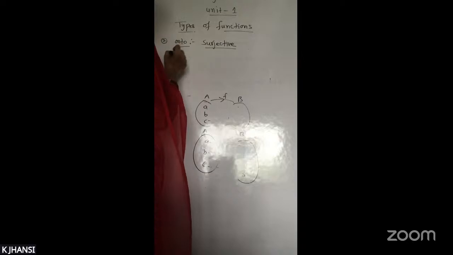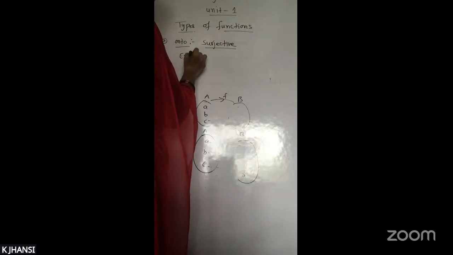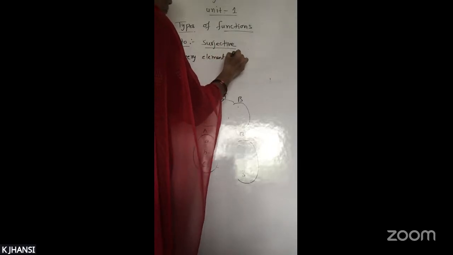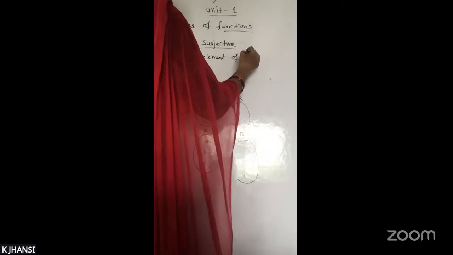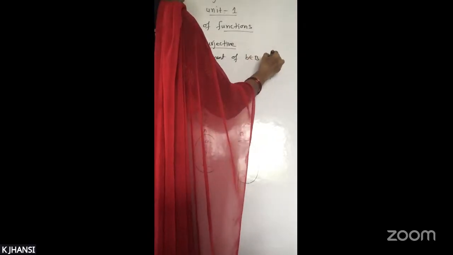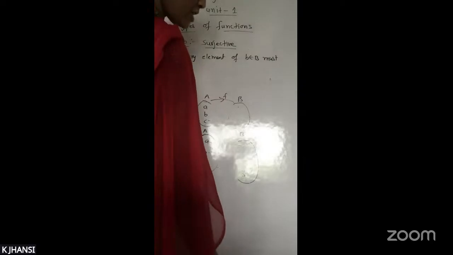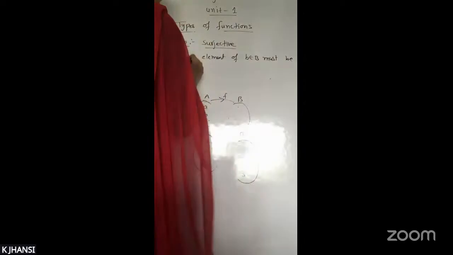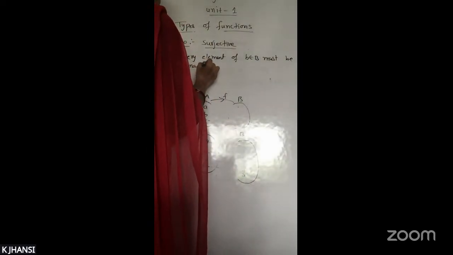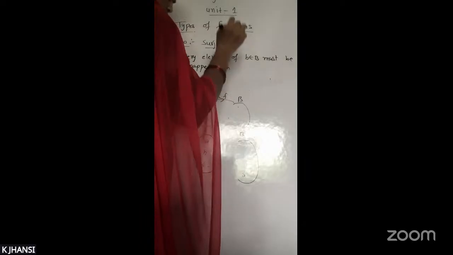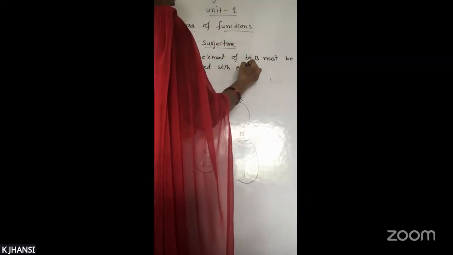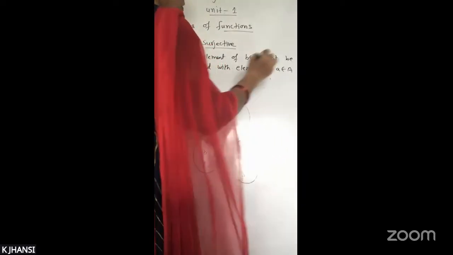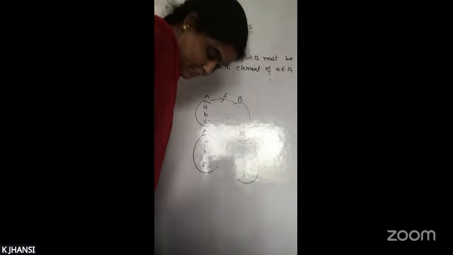So here the condition is that every element of B belongs to B must be mapped with an element of A belongs to A. This is the only condition we have here.